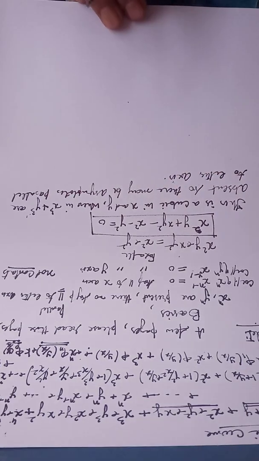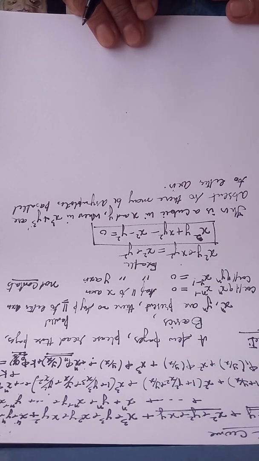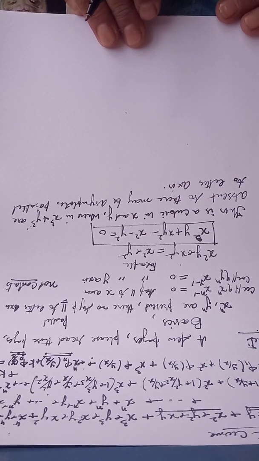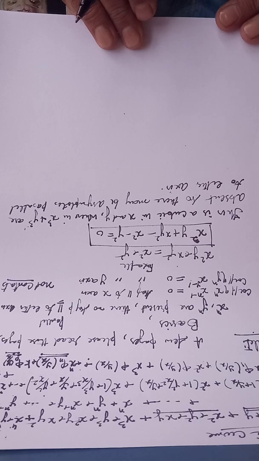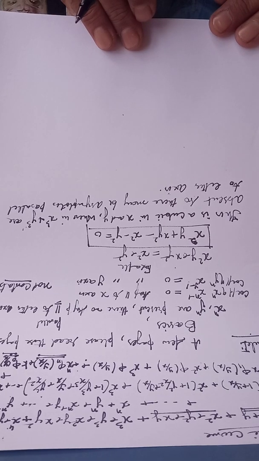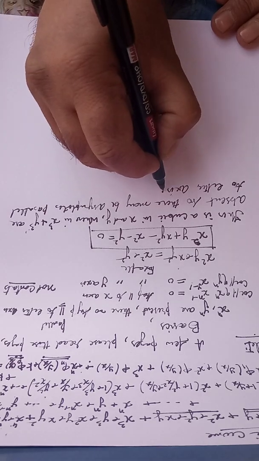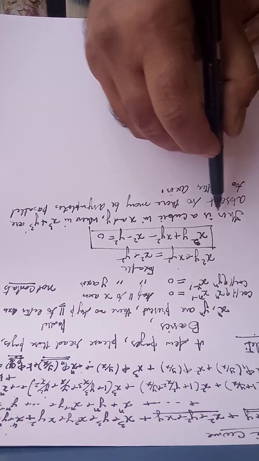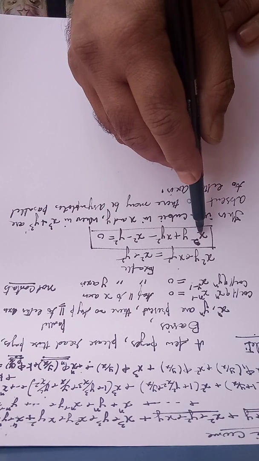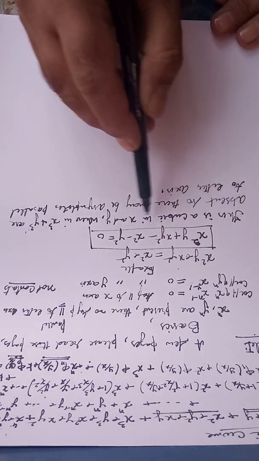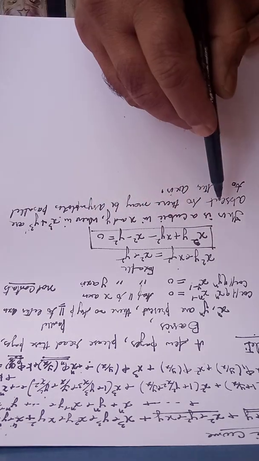There may be, because if the branches are infinite, then and only then you will have an asymptote. Otherwise, if it's a finite branch, then you cannot have asymptotes at all. So, which are obtained? See again, x cube is absent, y cube is absent. So this is a cubic in x and y where x cube and y cube are absent.